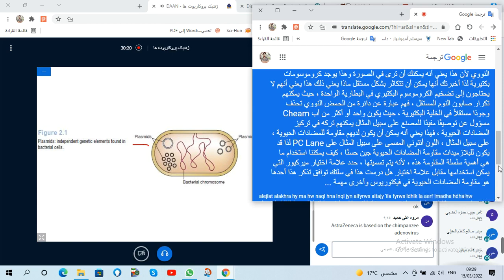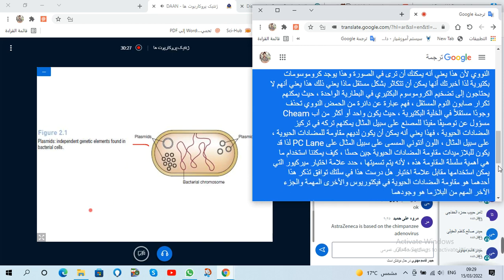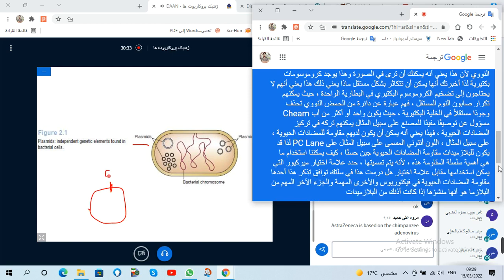And the other important part of plasmid is they have origin. Look, if here is plasmids, they have origin. What does ori do?